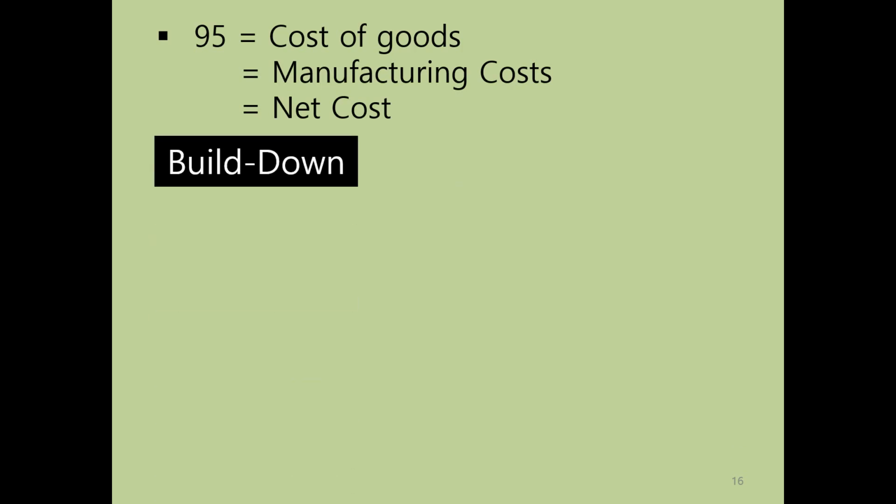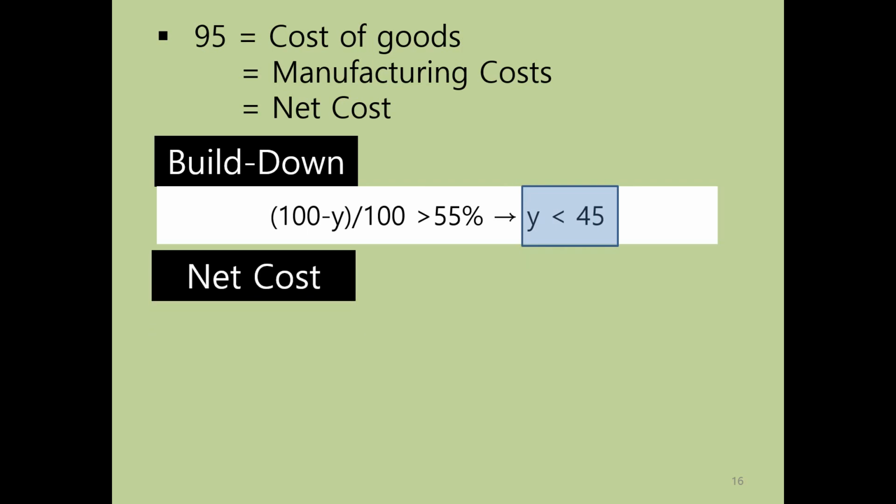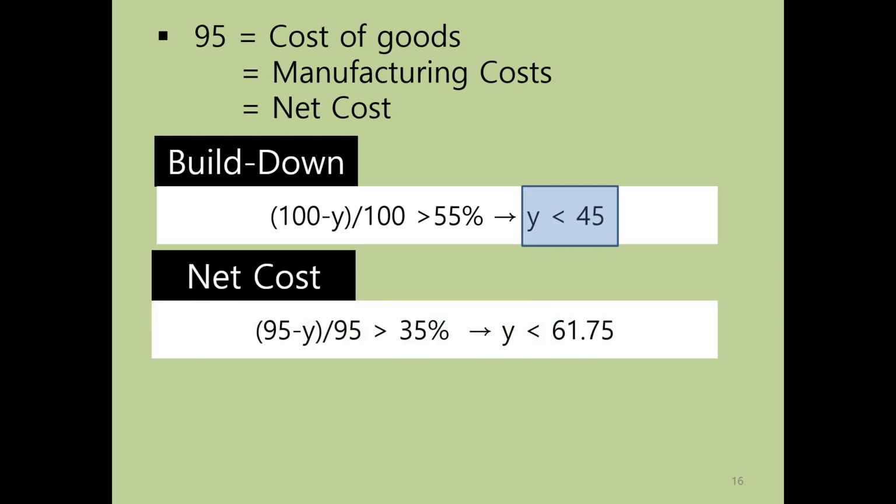In the build-down method, as we know, the VNM should be less than 45. However, in the net cost method, Y should be less than 61.75.